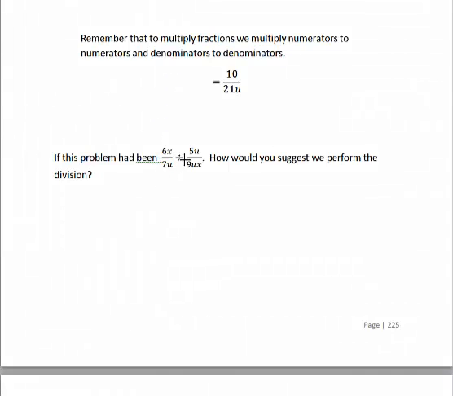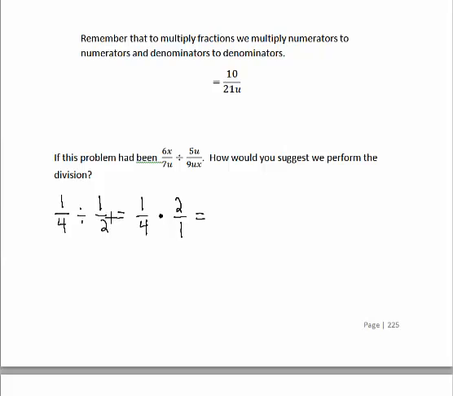Okay, what if we had divided these two fractions instead of multiply? Well, in general, say for instance we had 1/4 divided by 1/2. The standard procedure is to switch division of fractions to multiplication of fractions by writing multiplication in the place of division and flipping the second fraction.